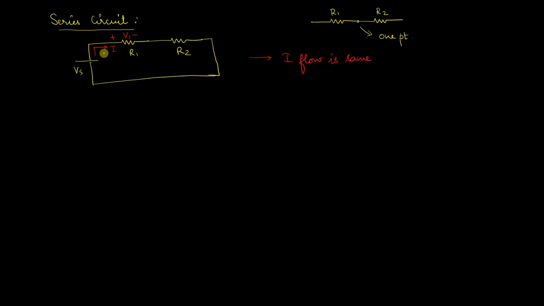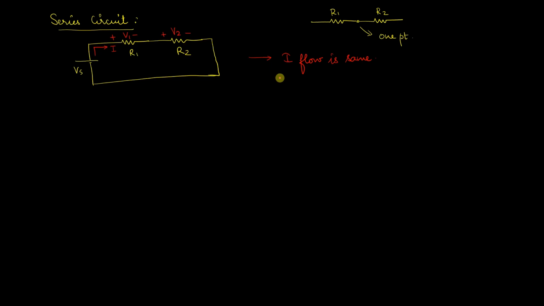Now let me consider the drop across the resistor R1 as V1 and the drop across resistor R2 as say V2. Now here in the series circuit, the drops across the resistors would be different. It is not the same voltage that is present, but if the resistances are equal in value, then we can have the same drop V1 and V2.